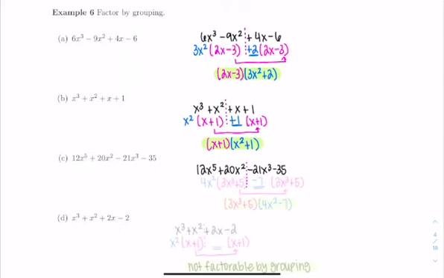And let's look at the first two terms. What is the GCF? Between 12 and 20, I can pull a 4 out. And then the smallest exponent is a 2, so a 4x squared. What I have left over is 3x cubed plus 5. And then remember, I have to copy and paste my 3x cubed plus 5 to the other side.